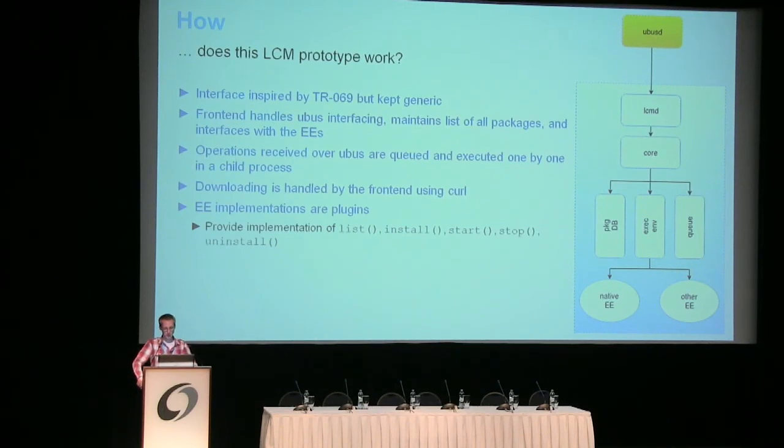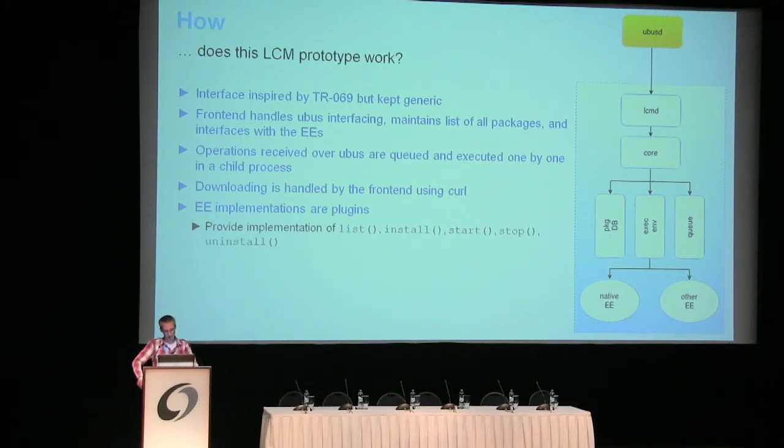So when all these operations are received over UBus, we queue them and we execute them one by one, but in the background in a child process, because the main process still needs to be active for responding to other UBus calls to check in on the progress and so on. So these are running in a child process, and we capture their output to see where they are.